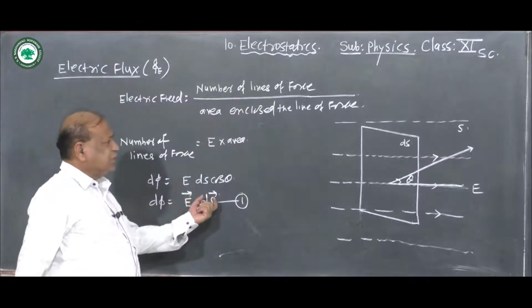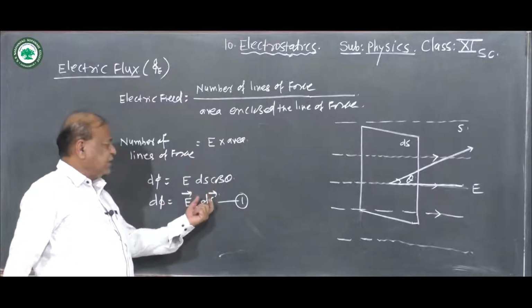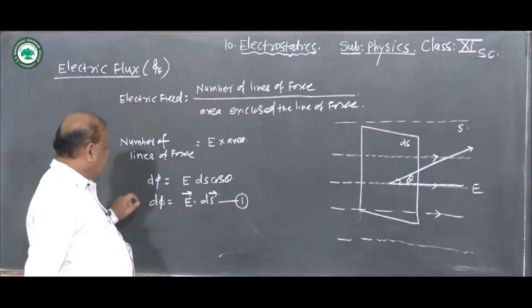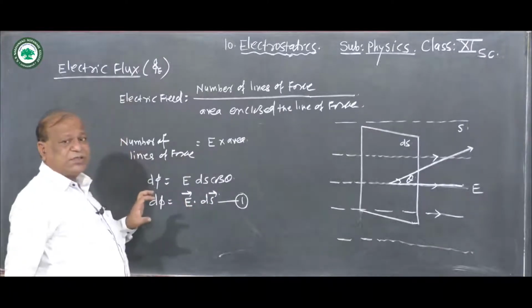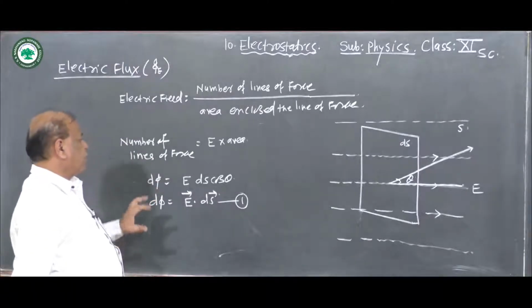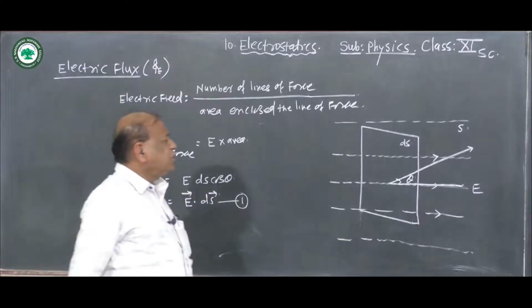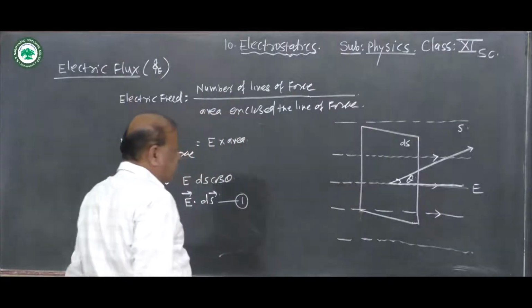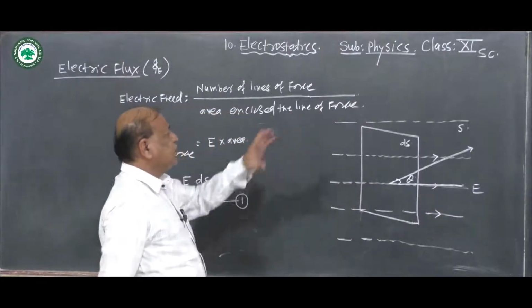Here the surface area is a vector quantity, and E is also a vector quantity, but electric flux is a scalar quantity. What is the total electric flux due to that surface S?